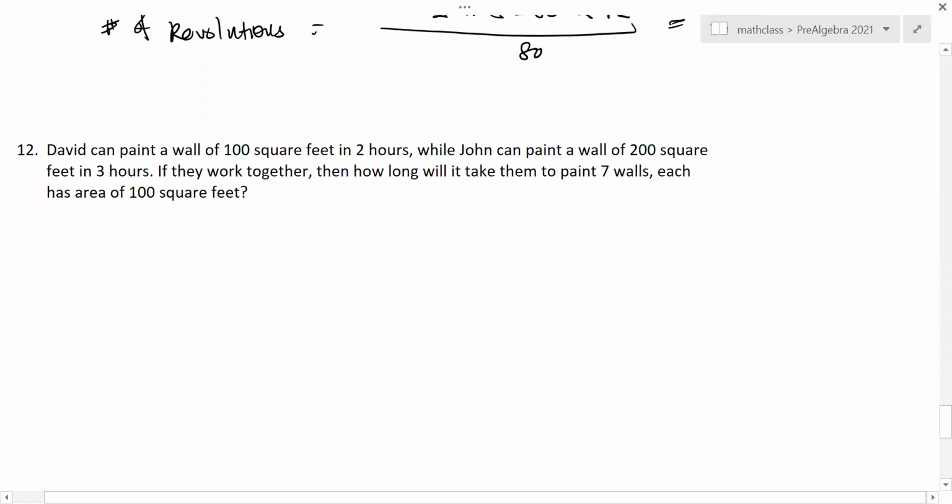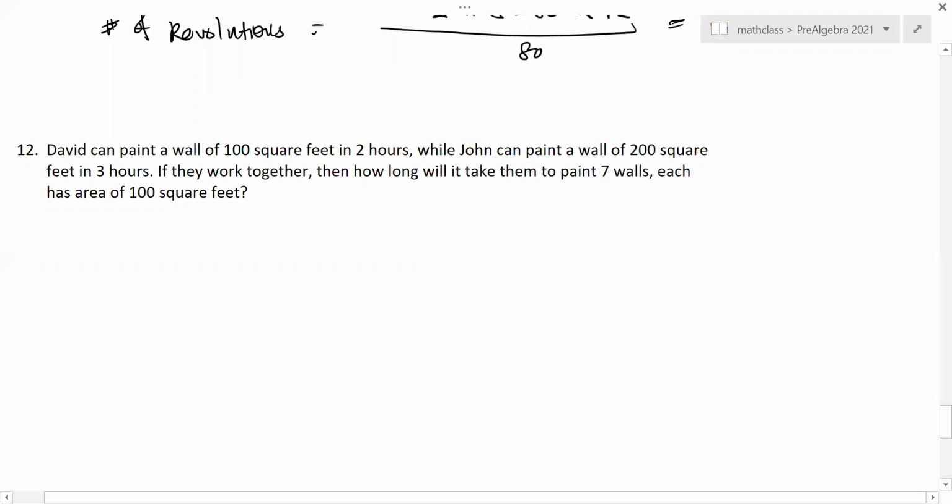David can paint a wall of 100 square feet in 2 hours, while John can paint a wall of 200 square feet in 3 hours. If they work together, how long will it take them to paint 7 walls? Each has an area of 100 square feet.